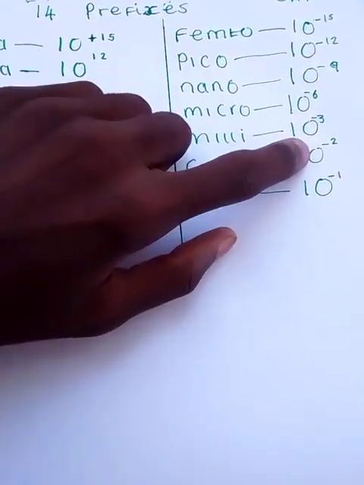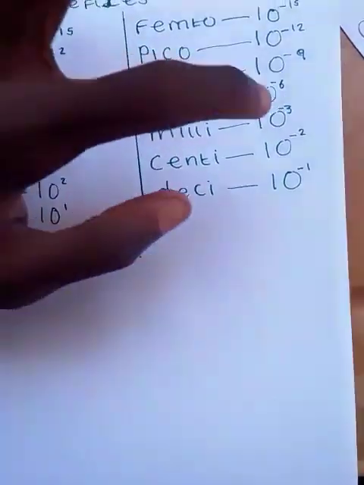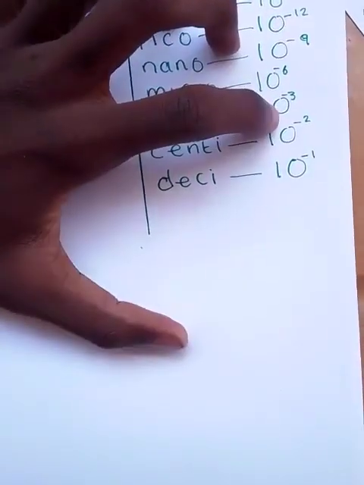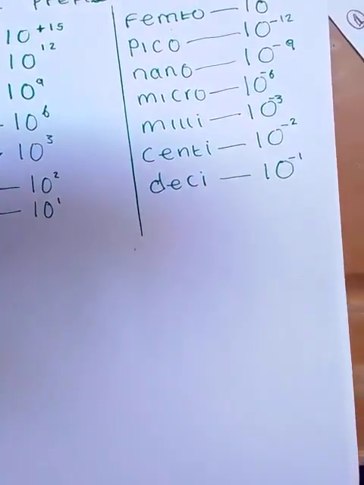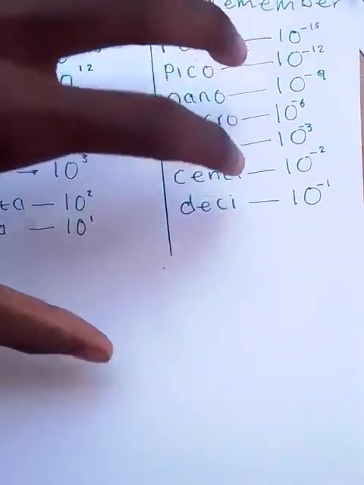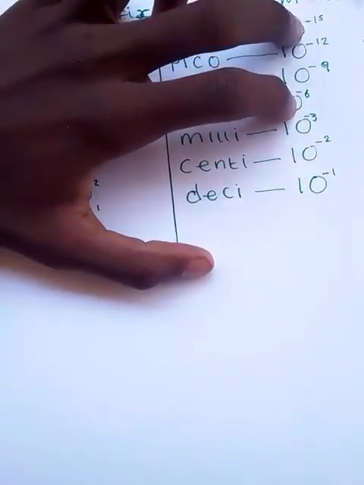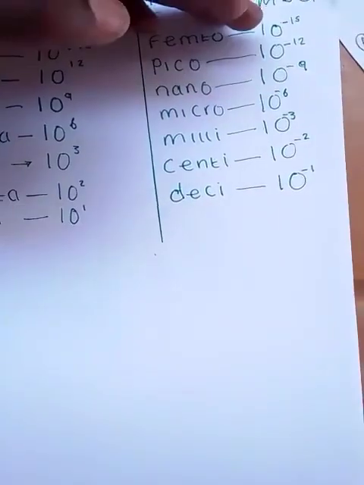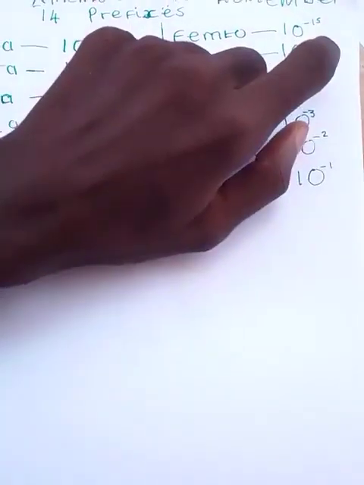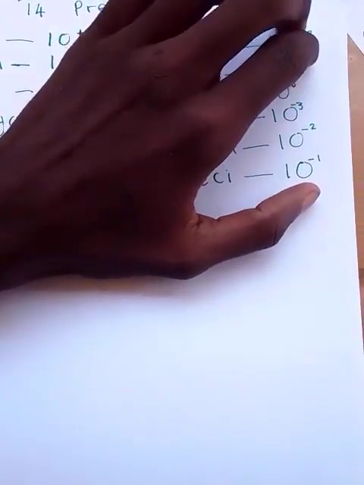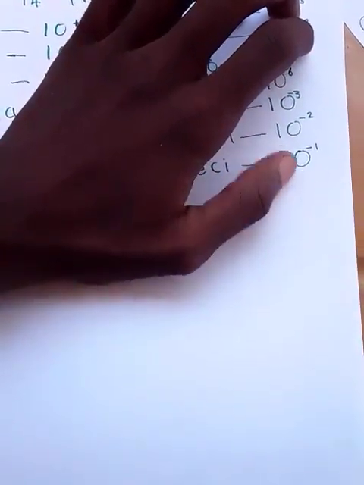So even on the negative side, you need to be adding 3. The moment you reach power 3 or power negative 3, start adding 3 till you reach power 15. Remember, you don't need to exceed power 15 on both the positive and the negative sides. So it will be very easy for you to remember this.